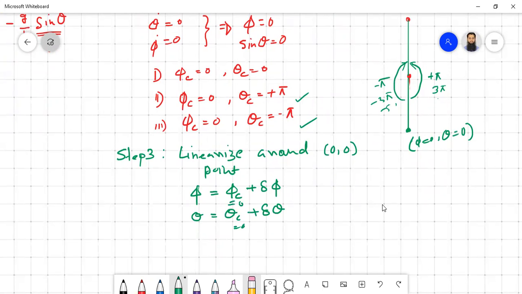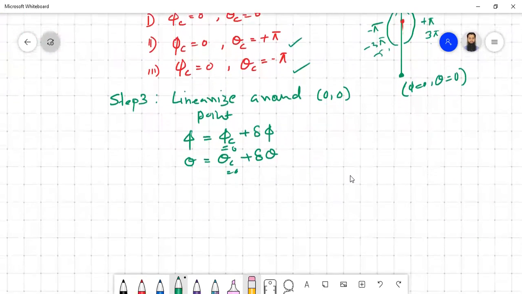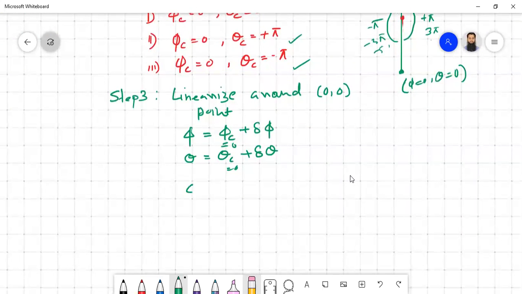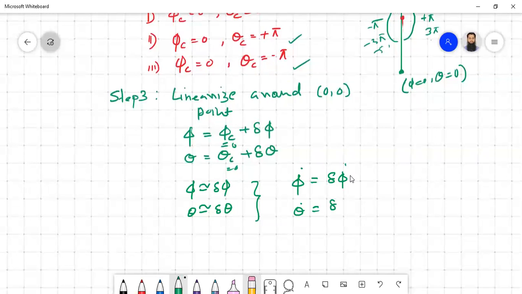So we can say that approximately phi equal to del phi, and theta equal to del theta. Now let us write the differential equation. If you differentiate these two, then phi dot equal to del phi dot, and theta dot equal to del theta dot.